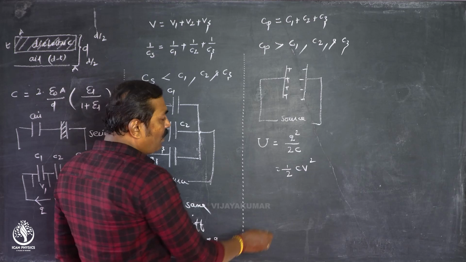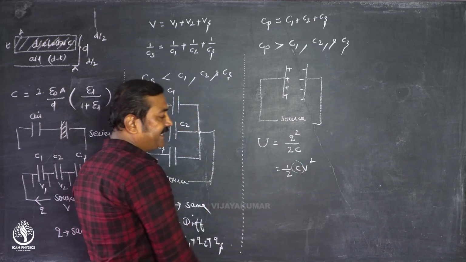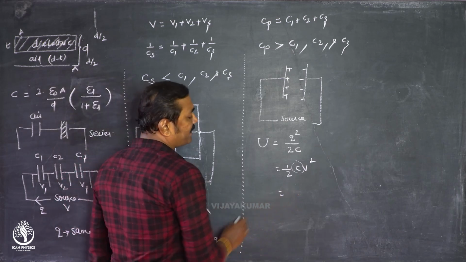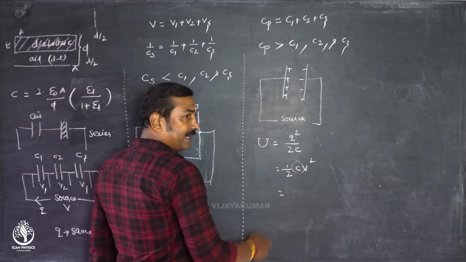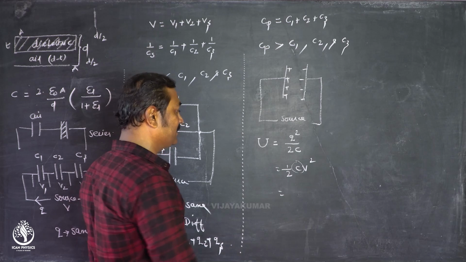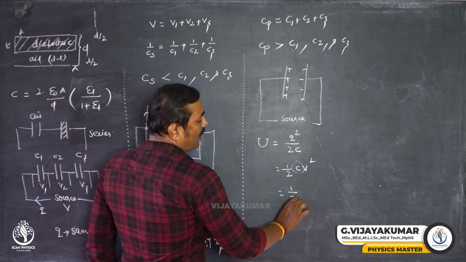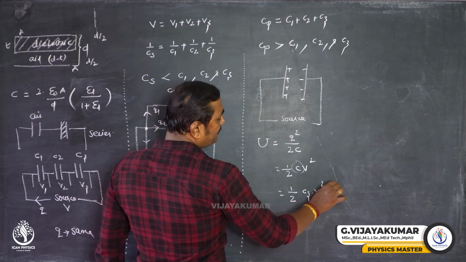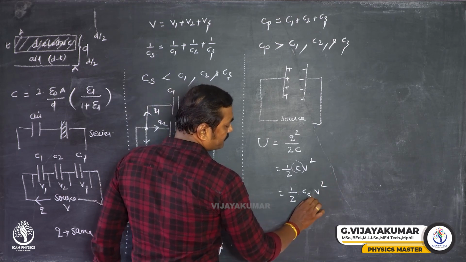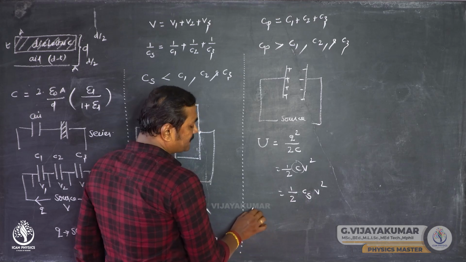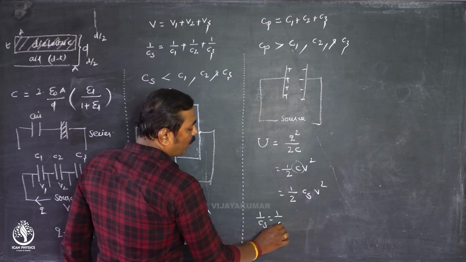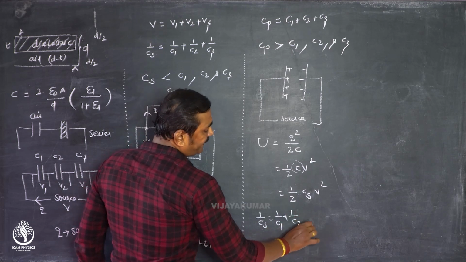Okay. Now, by taking this half C, we can go for different forms of formulas: half into Cs into V squared. For instance, for Cs, when two capacitors are connected, 1 by Cs equals 1 by C1 plus 1 by C2.